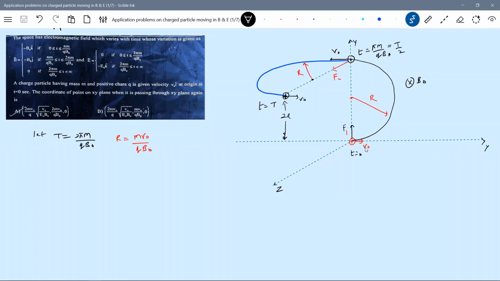Let me write this as P1, P2. What are the coordinates of point P1? It will be 0, 2r, 0. What about the coordinates of point P2? The x coordinate will be 0, the y coordinate 2r, the z coordinate 2r. Hope everyone is able to understand.